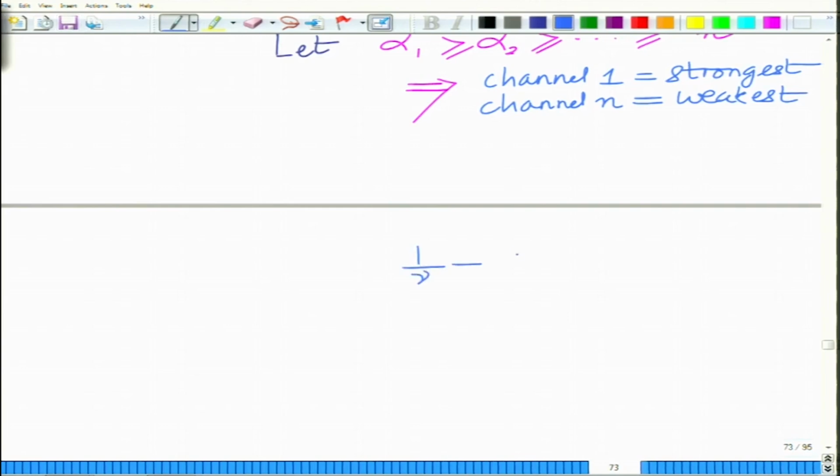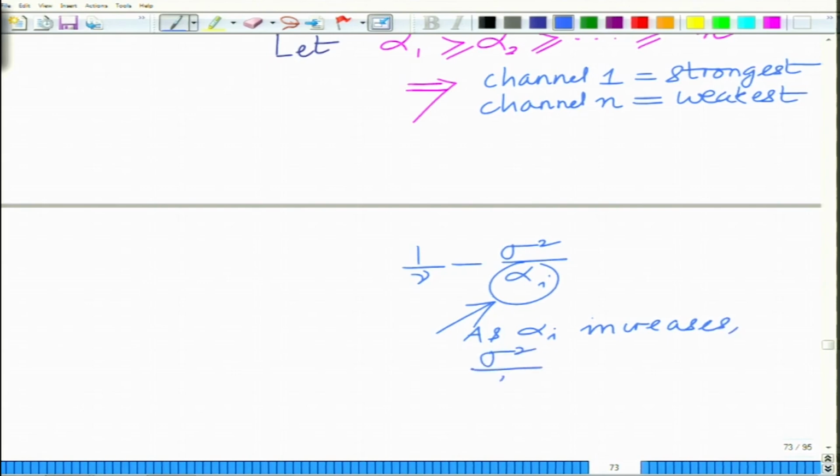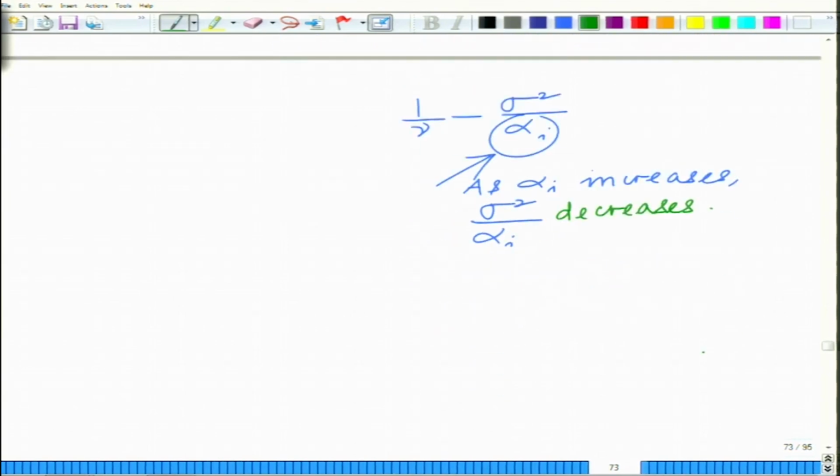Now, what this implies is, if you look at this carefully, 1 over nu minus sigma square by alpha I. So, observe that as alpha I increases, sigma square by alpha I, this quantity, decreases.